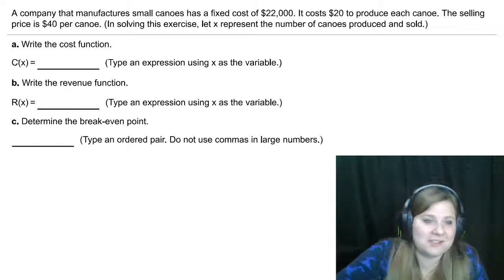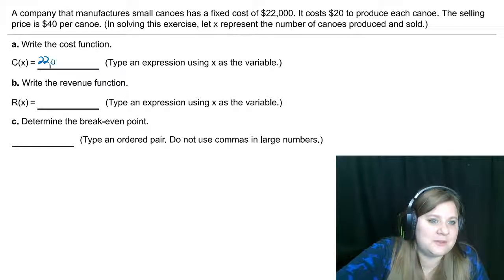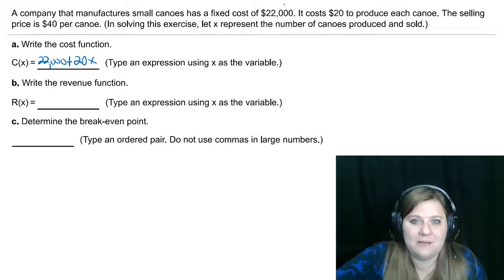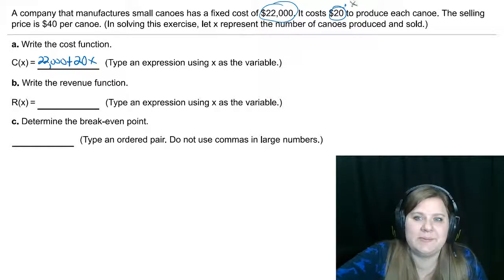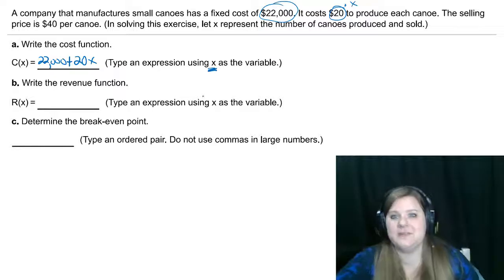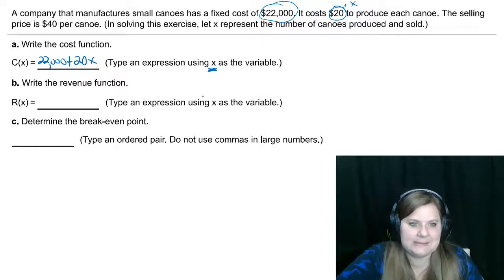So the cost function is 22,000 plus 20x, okay? Because this is the fixed cost plus the marginal cost times the number of canoes. Notice that they are telling us to use x as the variable here, so that's why we know it's x.